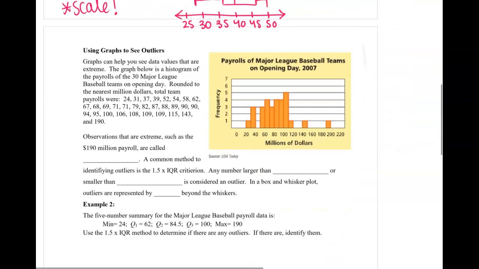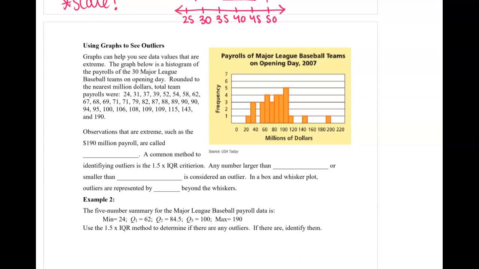Let's look at this graph of payrolls of Major League Baseball teams. It's a lot. So observations that are extreme, such as the $190 million payroll, are called outliers. A common method to identifying outliers is the 1.5 times IQR criterion.